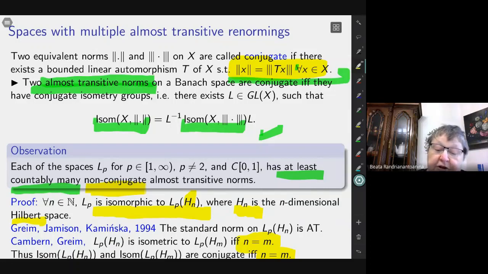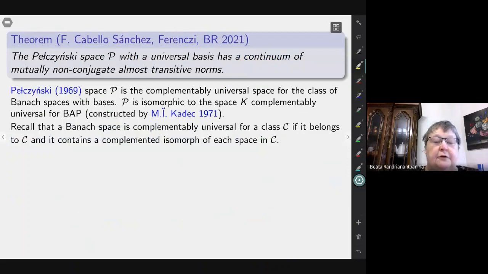On C[0,1], this follows from a result of Ezipuru and, I don't pronounce those names correctly, I'm sorry, the second name escapes me. I don't want to go into this.